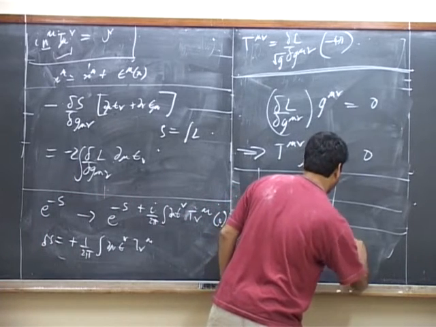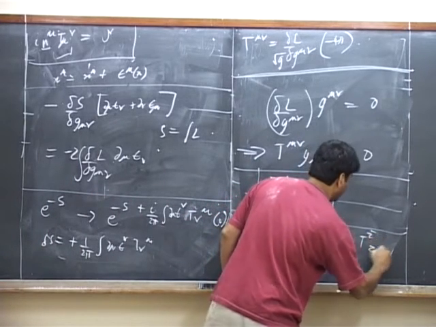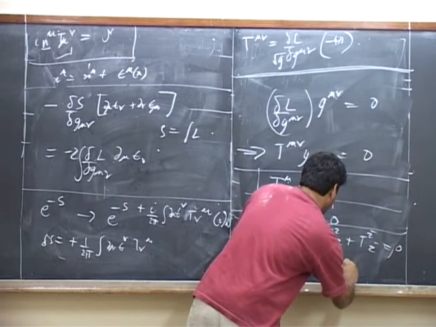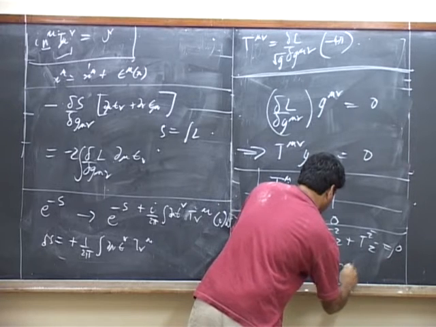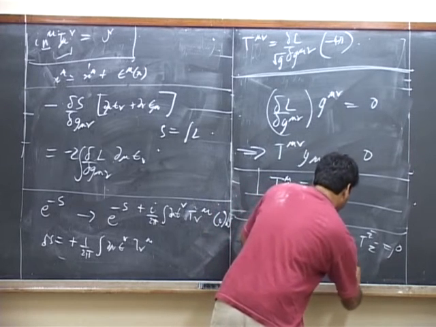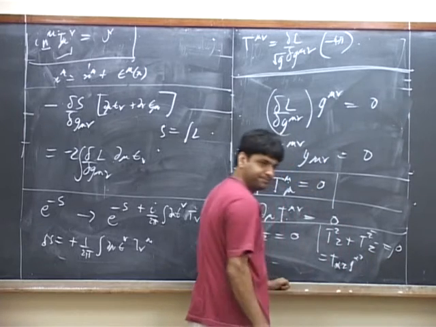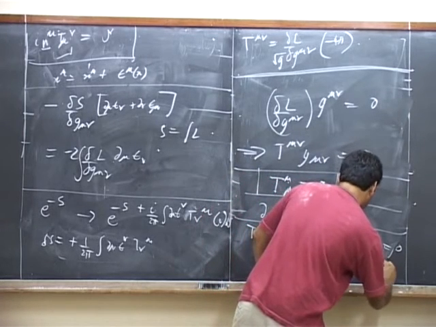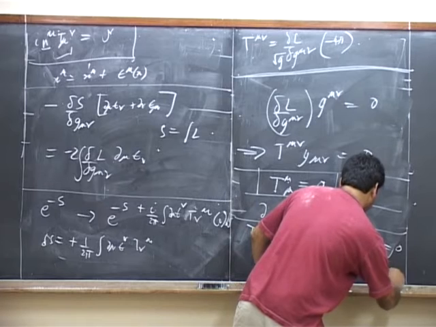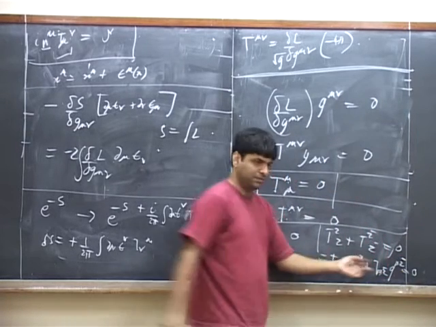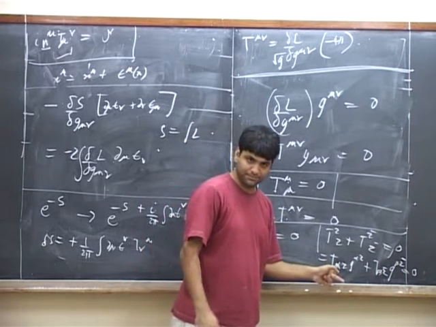This is T^z_z plus T^{z̄}_{z̄} is equal to 0, which means T_{αz} g^{αz} plus T_{β z̄} g^{β z̄} equals 0. That's what the statement means.